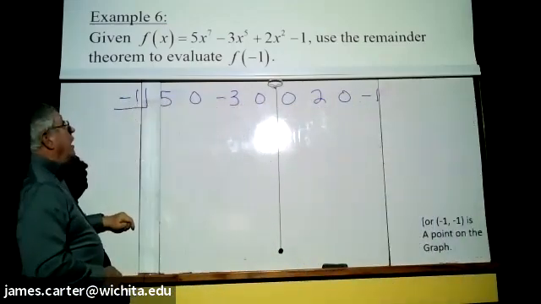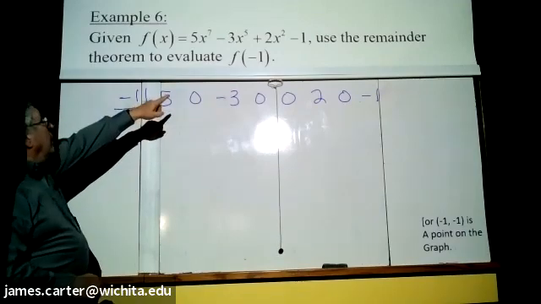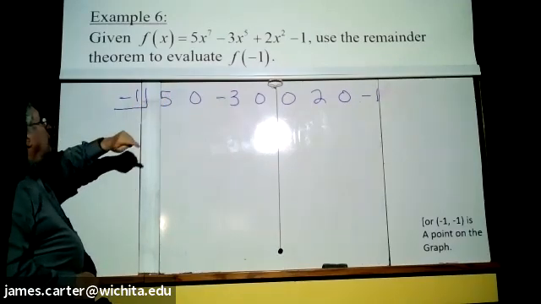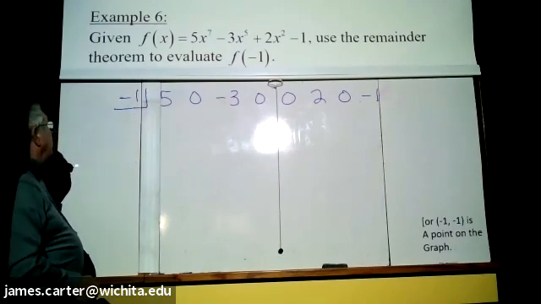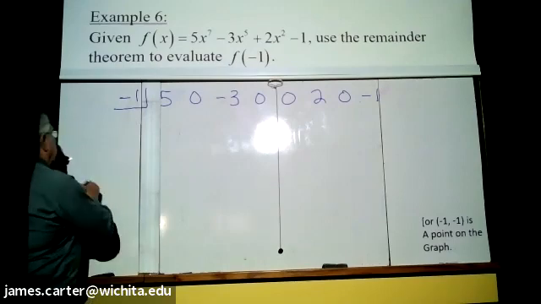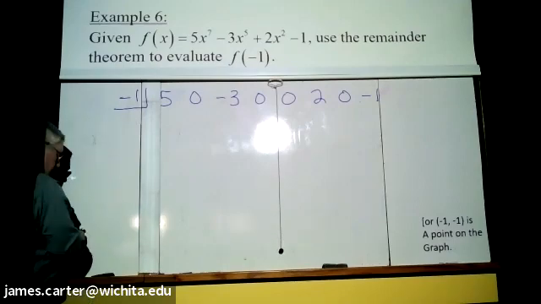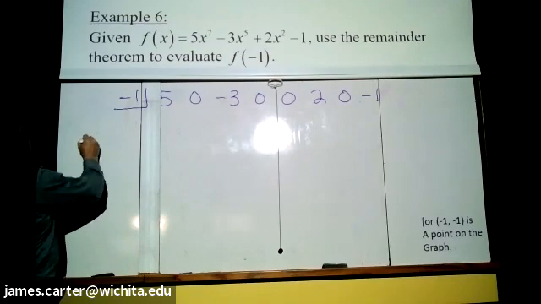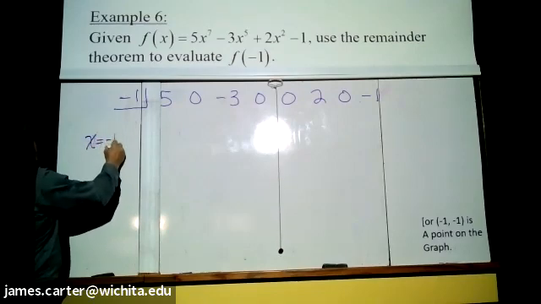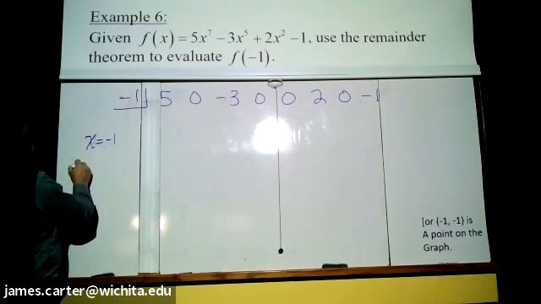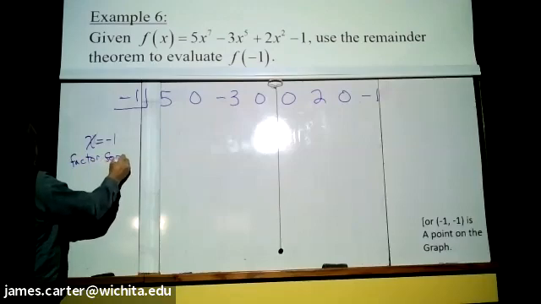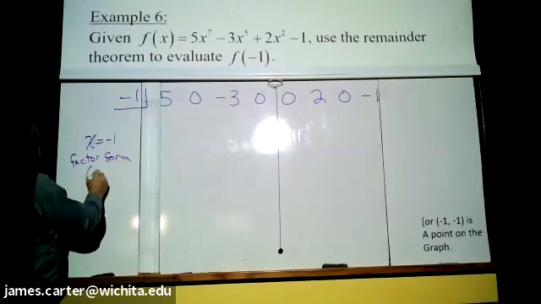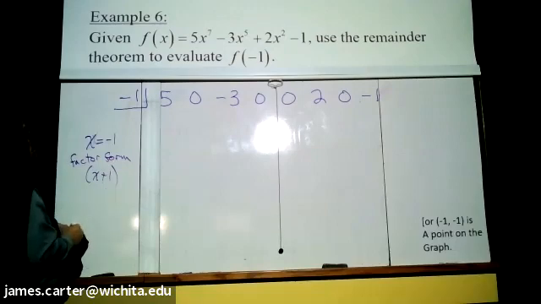Okay, we're going to divide by -1. Now, when it says f of -1, what that means is x is -1, or in factor form, it would have been x plus 1.